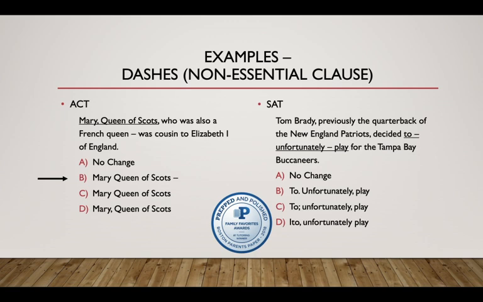Now, if I'm looking at my answer choices here, I have no change, to period, unfortunately, comma, to semicolon, unfortunately, comma, or to, oh, looks like there's a little bit of a typo there, comma, unfortunately. Now, that's an issue in my book. I can't go with B or C because they're the same thing. Period and a semicolon, same thing.